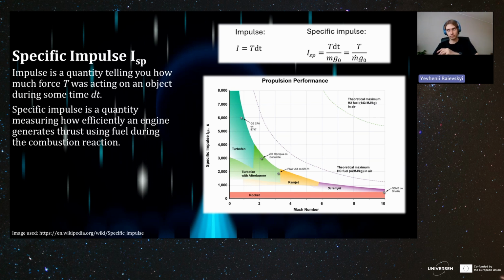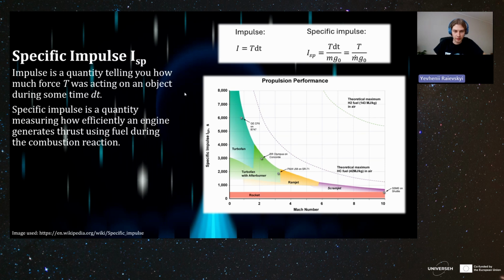So they basically are more efficient because they have access to the oxidizer from the atmosphere. Rockets don't have this access. And this would also explain why turbofans are so efficient.